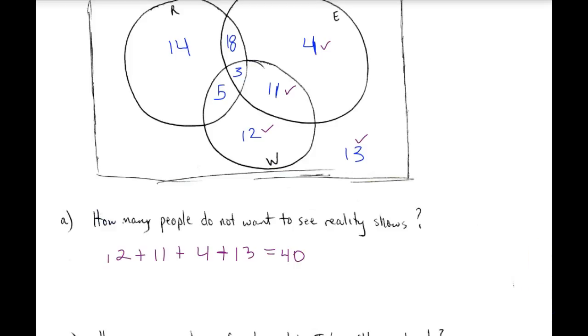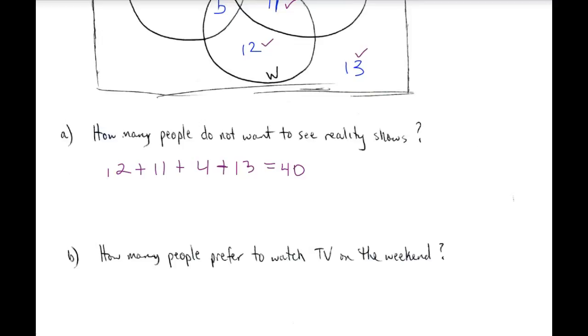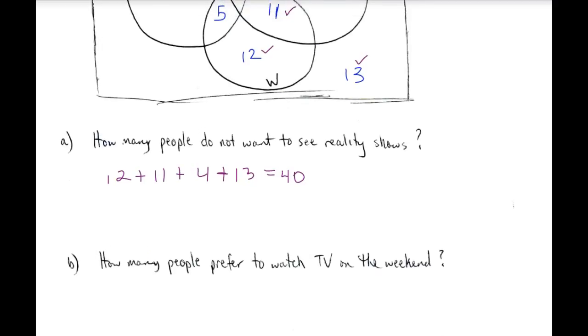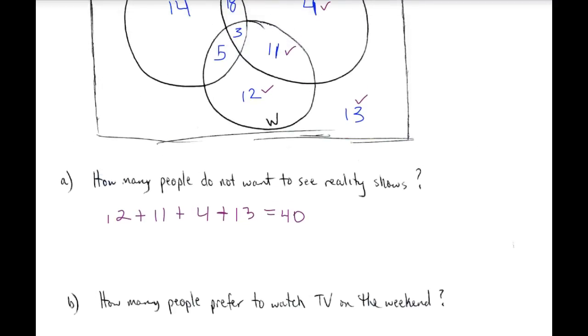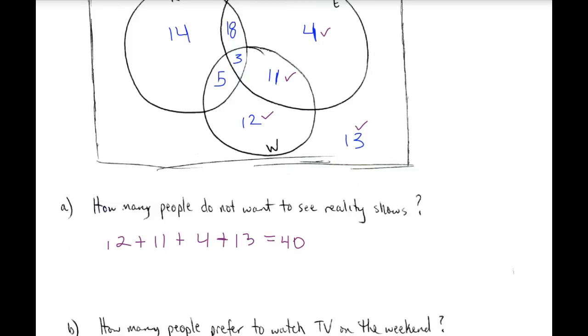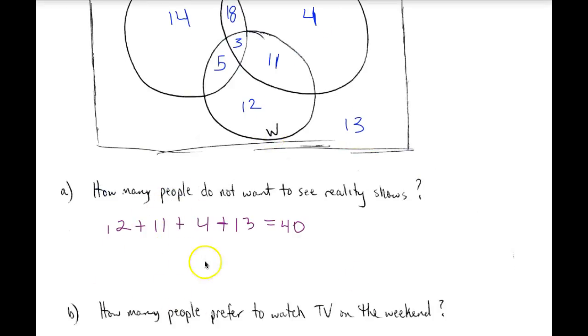And so now we just need to look at our second question. How many people prefer to watch TV on the weekend? So that means everyone that is not in the set W. So I'm going to go ahead and erase these check marks here so that we can do it over for that next question. All right, so we want to know how many people prefer to watch TV on the weekend.